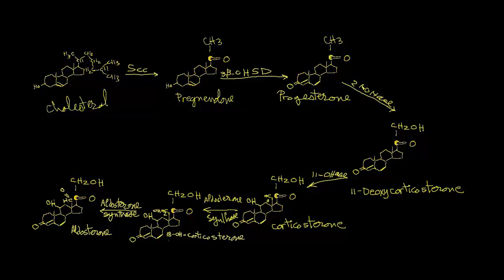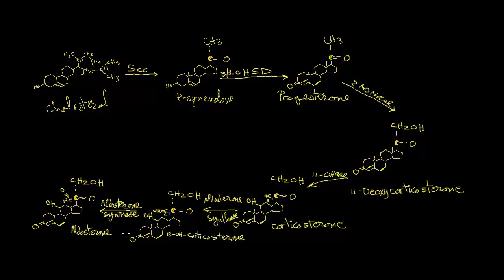Of course, aldosterone synthase is synthesized in the mitochondria of the cells of zona glomerulosa. It does not exist in zona fasciculata reticularis. And this is why aldosterone is not produced in this zone, and the common reaction stops at corticosterone.